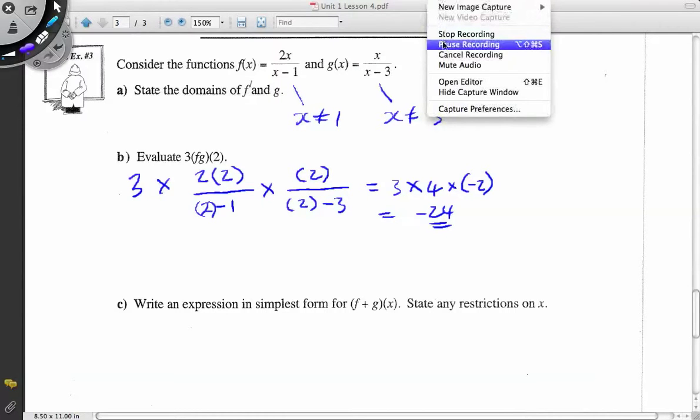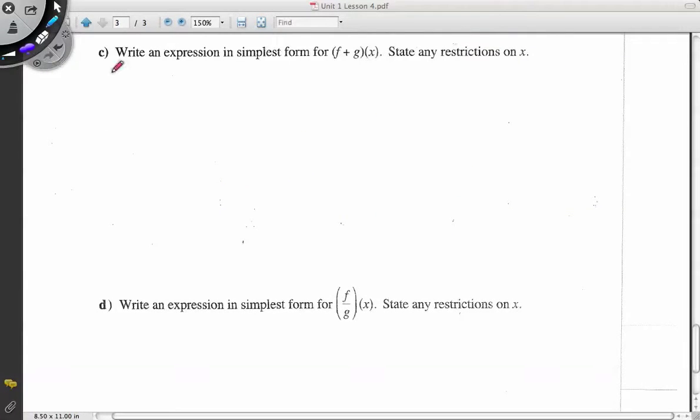Okay, so if we write these functions down, f plus g of x really means we've got 2x over x minus 1, and we're adding x over x minus 3.